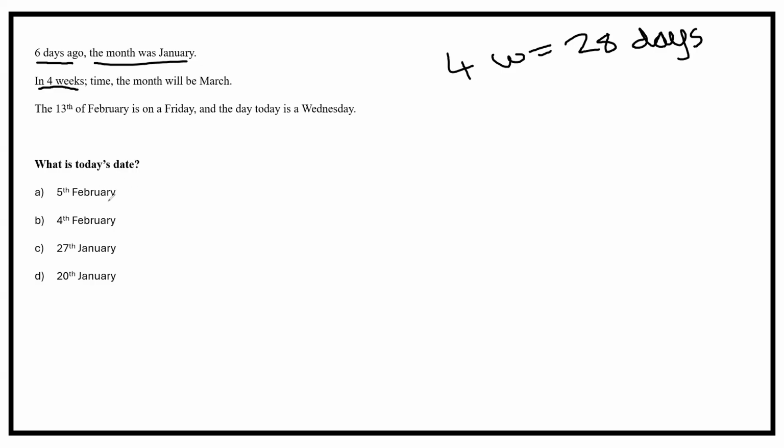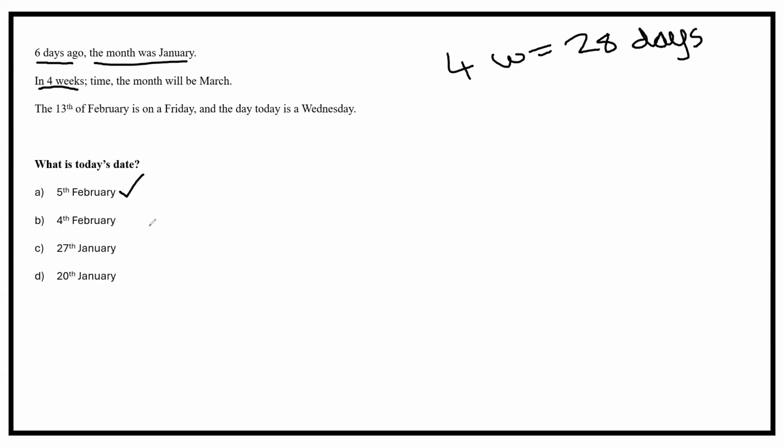So it can't be that one. Let me just say that again because I don't think I said that very clearly. If we add 23 days to the 5th of February, that takes us to the 28th, which is the final day in February for most years, okay? So adding 28 days means we'll definitely be in March. So it could be this one.